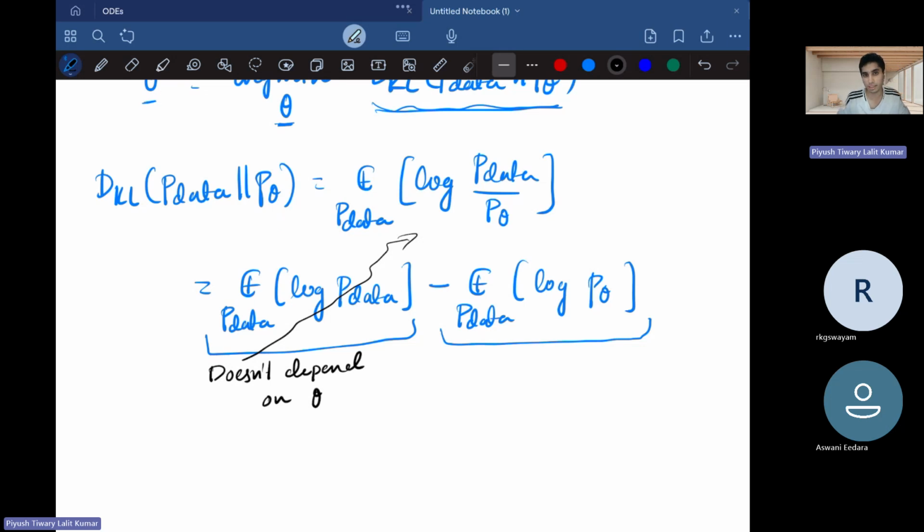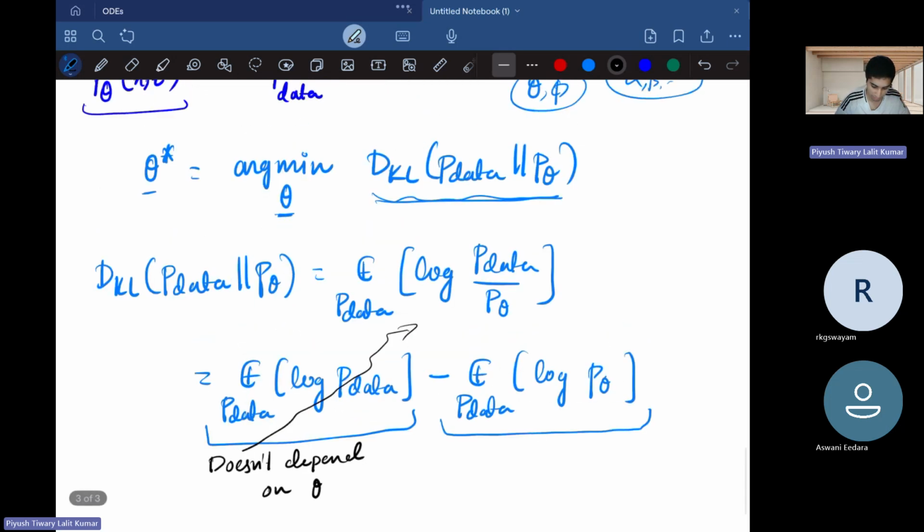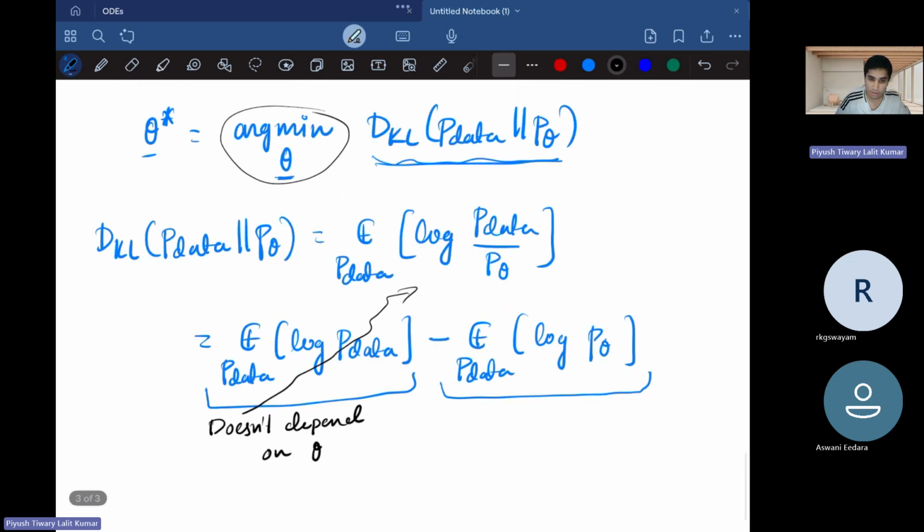It is just a constant added to our objective function. Remember that we are doing an optimization here, so any constant added to your loss function you can simply ignore. So you can ignore this first term, which is basically your entropy term. It is not going to play any role in our final optimization.